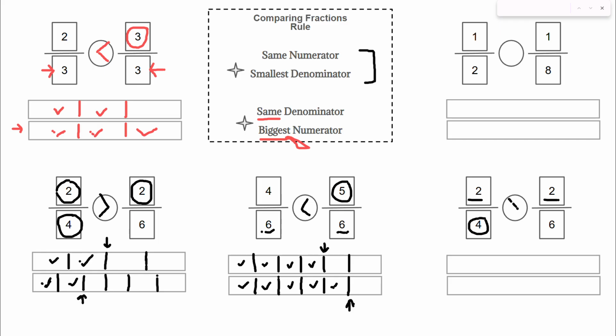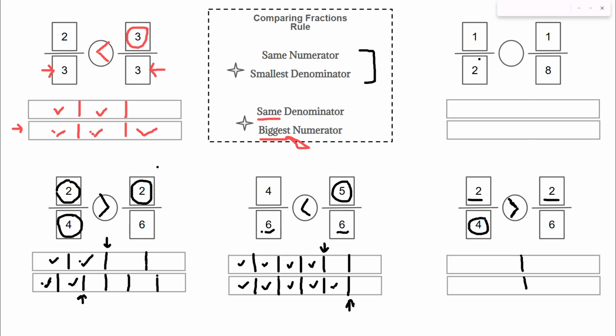Therefore, 2/4 is my larger fraction. So let's go ahead and show this on here. Oh, and I just realized these two are exactly the same. Okay, so we can skip this one for now because it's exactly the same answer. We followed the same rule.